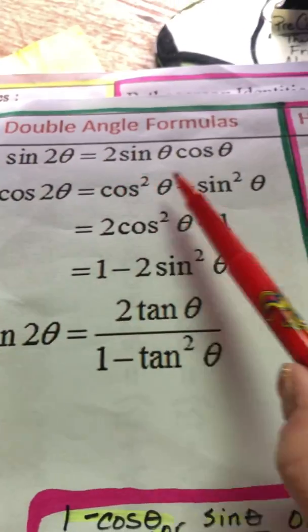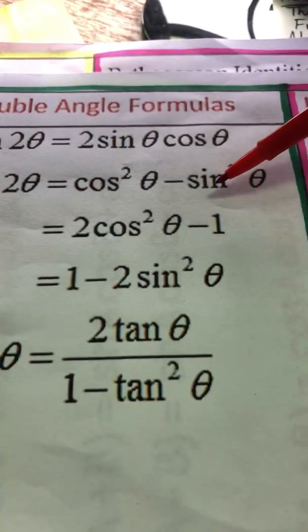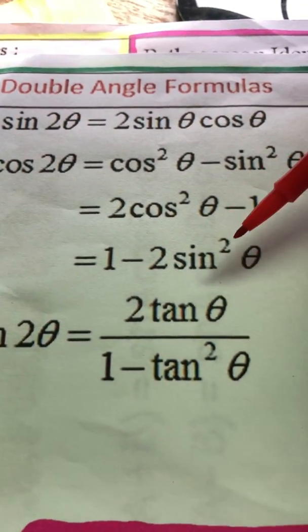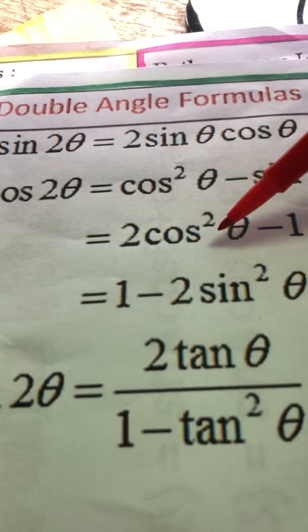But we want to keep the whole cosine theme going on. So I just want to plug in something with cosines. So I'm not going to plug in this first equation because it has the sine. I'm not going to plug in this last equation because it has the sine. I'm going to plug in this middle equation because it has the cosine squared.